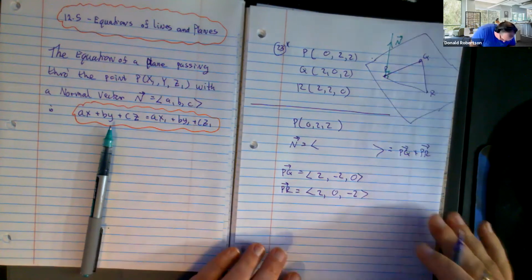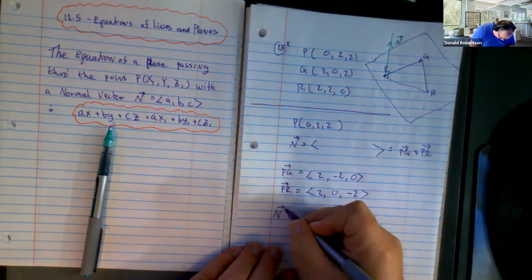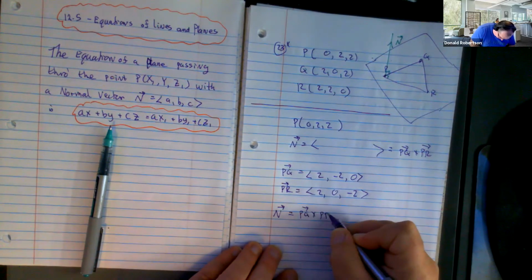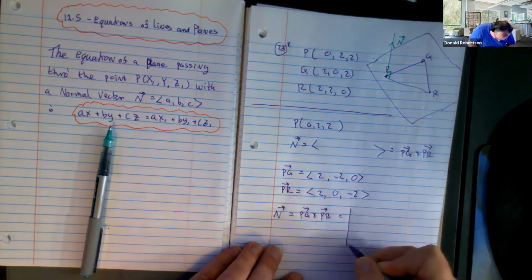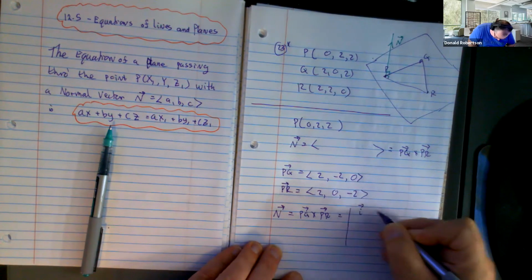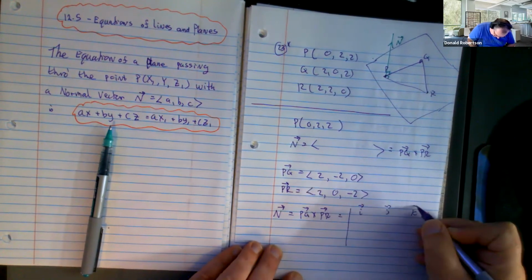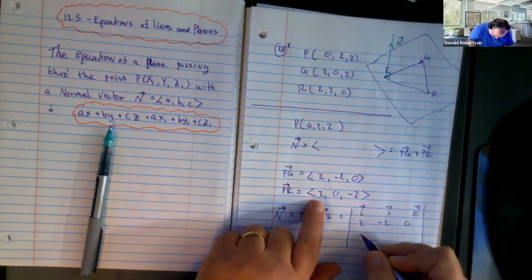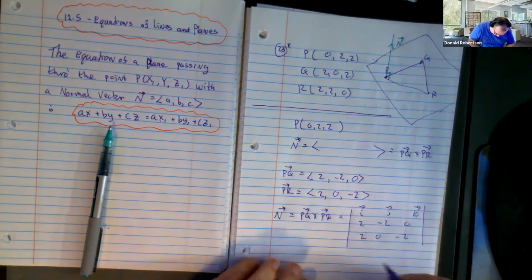Okay. Then our normal vector is the cross product of those two. So we have an i, a j, and a k. And we have (2, -2, 0) and (2, 0, -2).